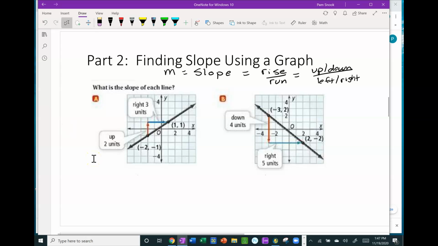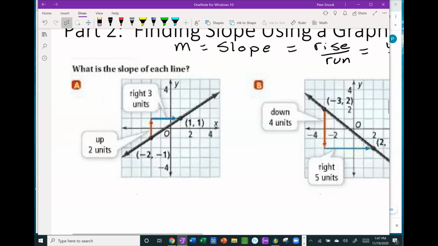So looking at these graphs, we're going to do rise over run, and we can do that simply by counting boxes. So my slope in graph A is going to be, so I'm starting at this point, which is -2, -1, and I'm ending at this point, 1, 1. And if you see the red arrow, that's going up 2 units, so my rise is 2.